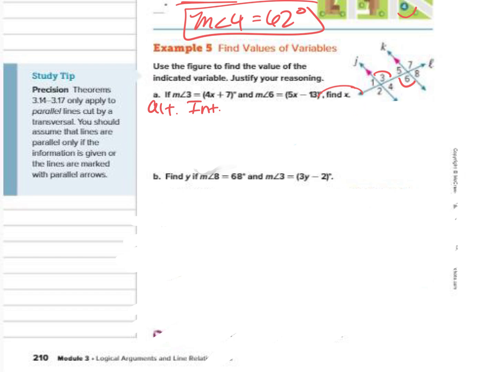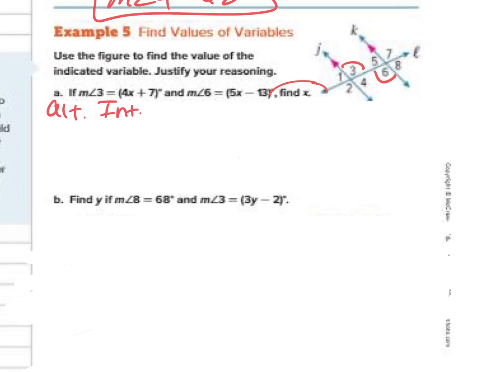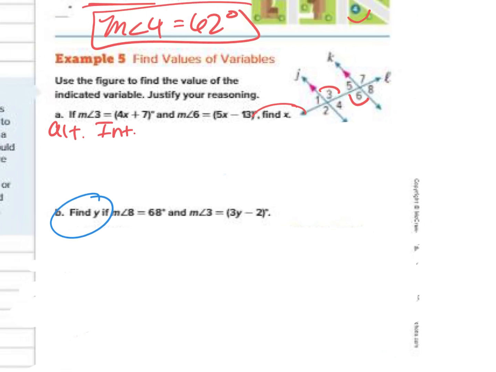Okay, let's look at the next problem. Here we're trying to find y. They've given us that angle 8 is 68. Angle 8 is found here. And angle 3 is 3y minus 2. Before, we said that angle 3 was an obtuse angle.